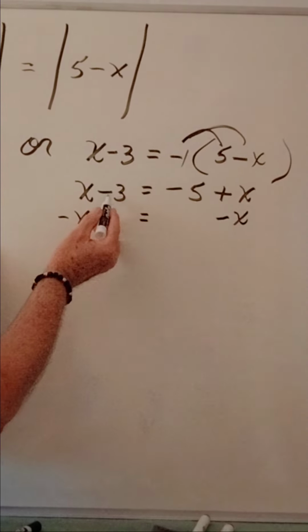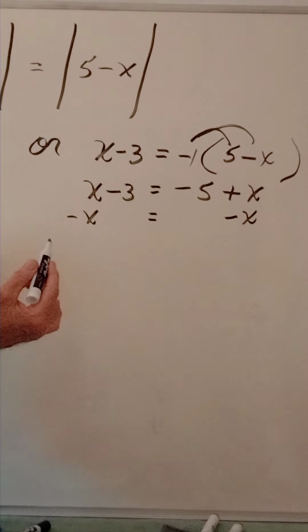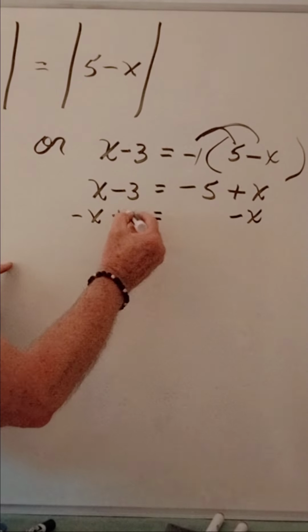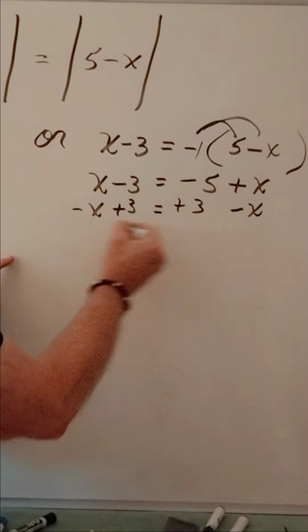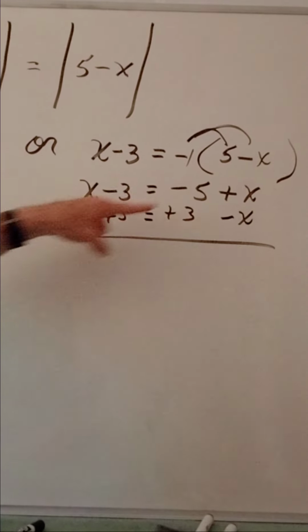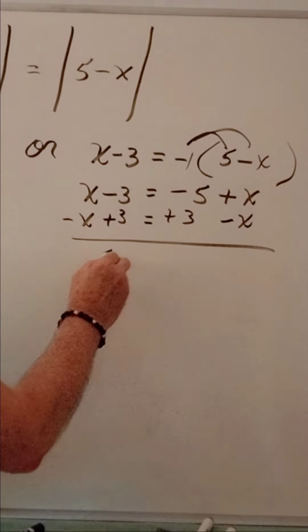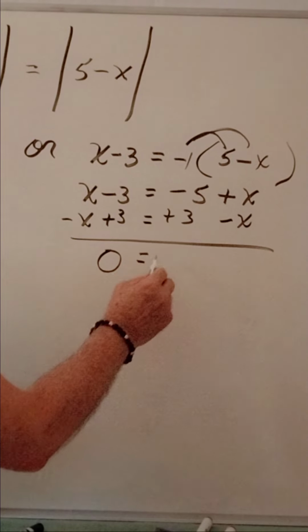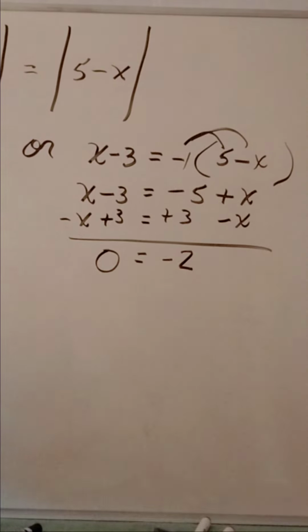And if you wanted to move him over to the other side, fine. And you're going to end up with no x. They cancel on both sides. We have a 0 on the left-hand side, and we have a negative 2 on the right-hand side.